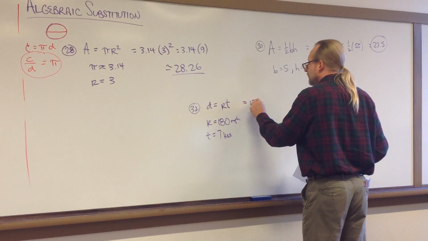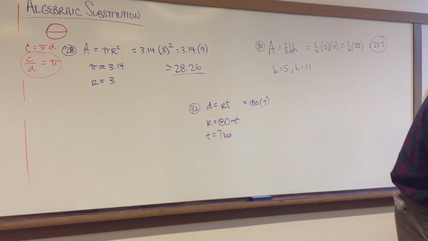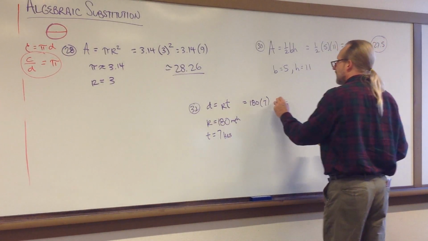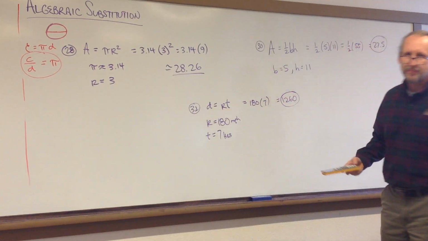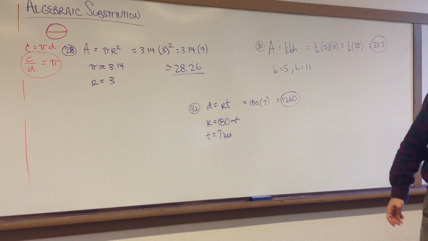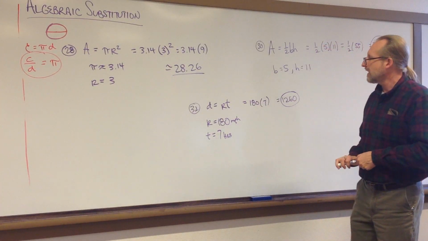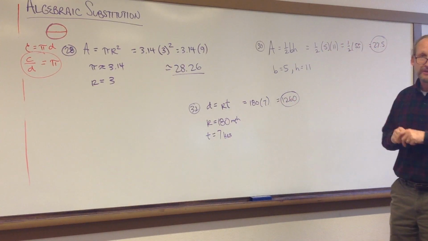So that means we would do 180 times 7. I think I'll get the calculator for that one. And that's 1,260 miles. And so that's something that a small airplane might travel at that speed. Right? So if you traveled at 180 miles per hour for 7 hours, you'd go a little over 1,200 miles, 1,260 miles.